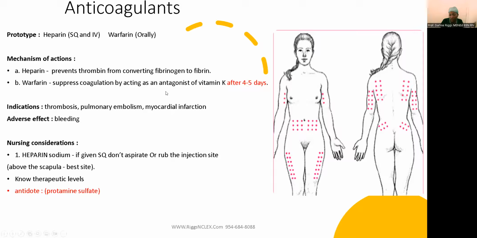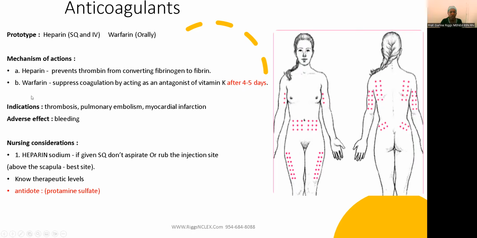Because it is an antagonist of vitamin K. Okay, but it takes forever to work, well, to get to a therapeutic range. Some books will say 3 to 4 days, some books will say 4 to 5 days, but that means this client is going to be hospitalized minimally for like 6 to 7 days.